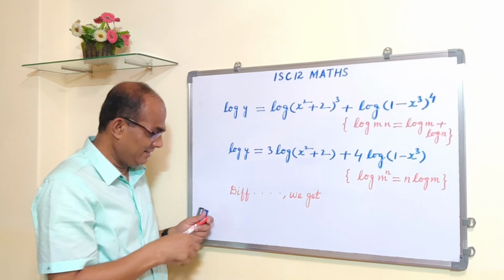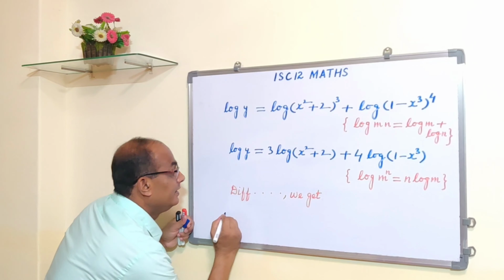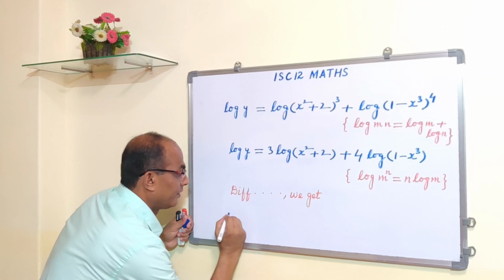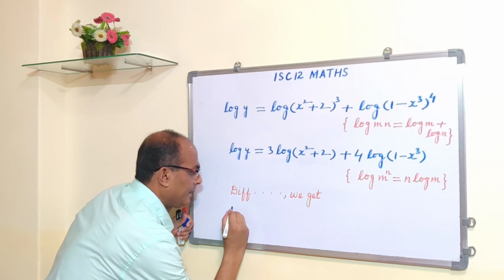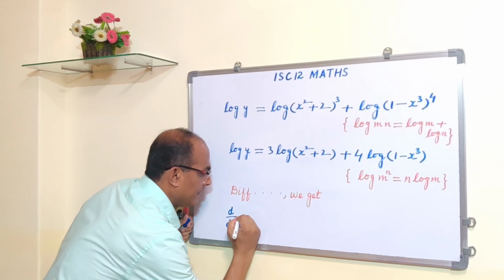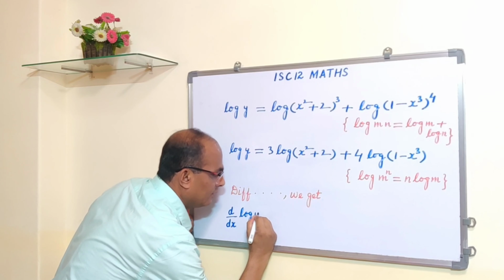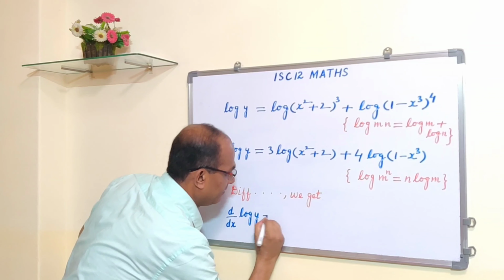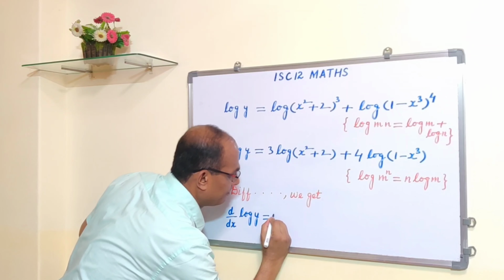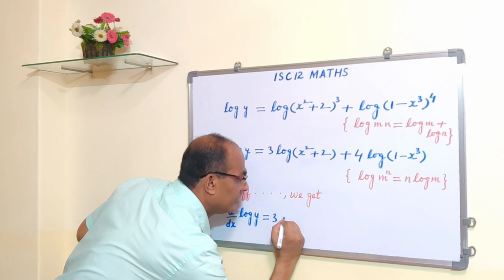So d/dx, please understand. d/dx of log y is equal to 3 as it is, because 3 is a constant.